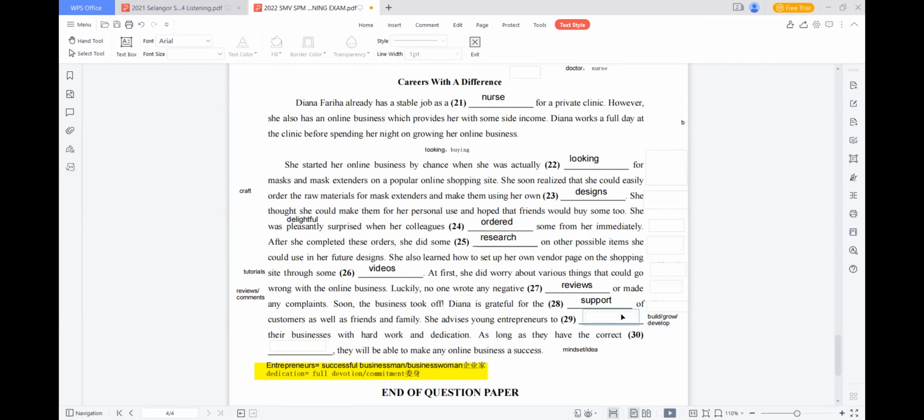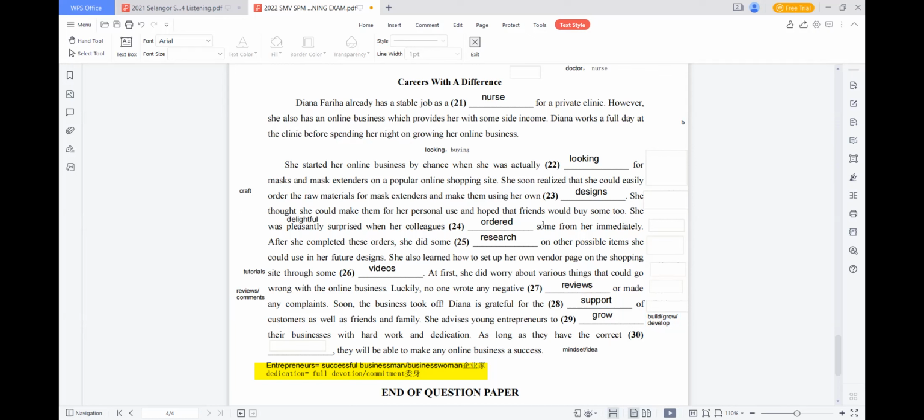Okay, actually the person said grow. In a low voice, she said, grow the business. Grow actually means build, build means develop. But you have to listen for the exact word. Even though build is correct, even though develop is correct, you have to follow exactly the words. Okay, question 30.